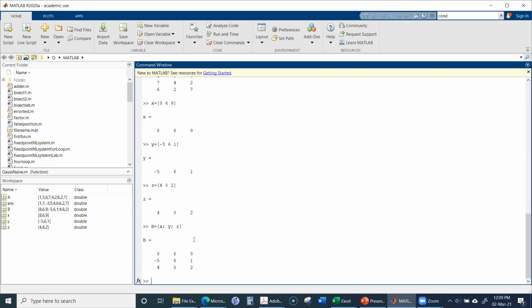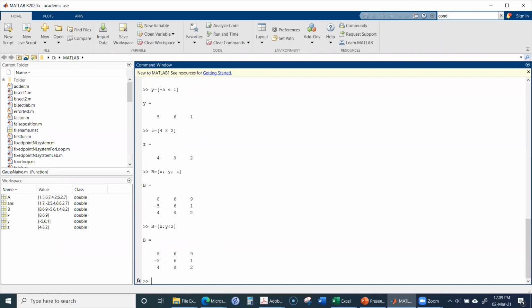So it has been combined into one matrix. Without a space, it's the same result. But a semicolon, of course, we need to provide to represent the end of the row.